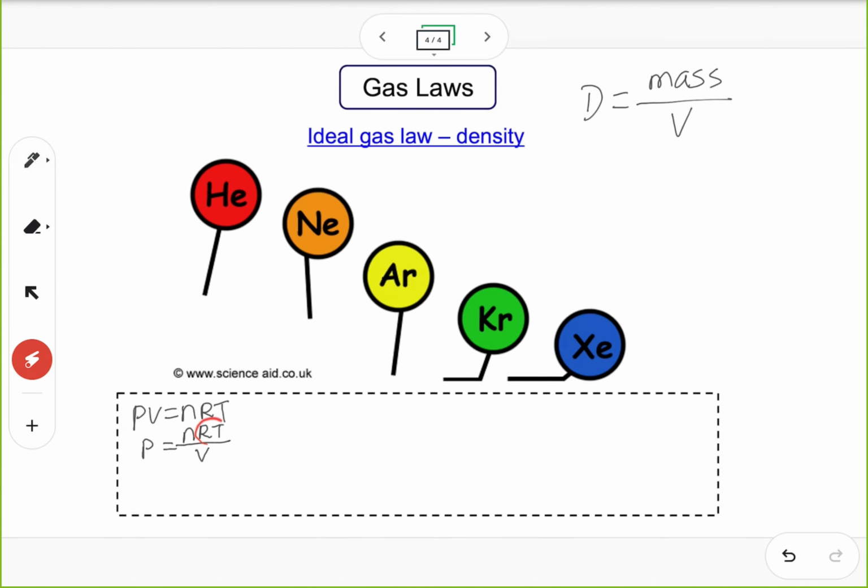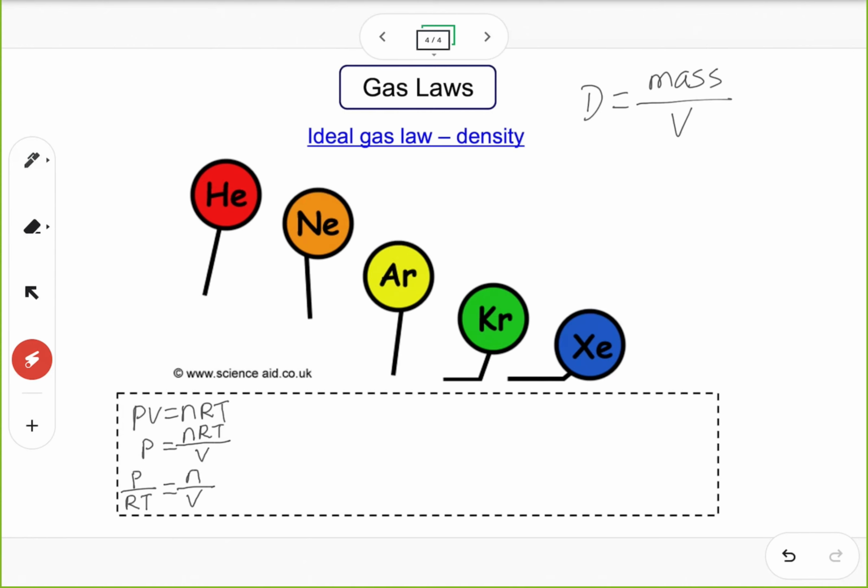And that means that if we divide the two sides by R and T, then you will get this equation, P divided by RT equals n over V. We are getting closer and closer to the desired density equation.